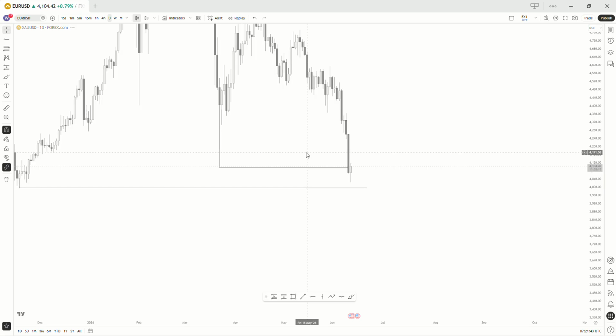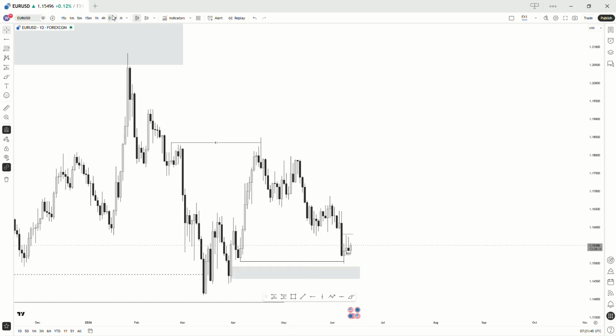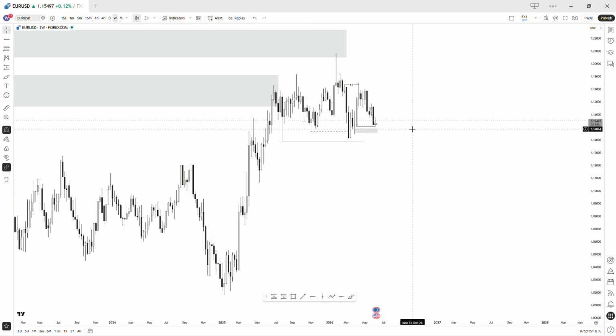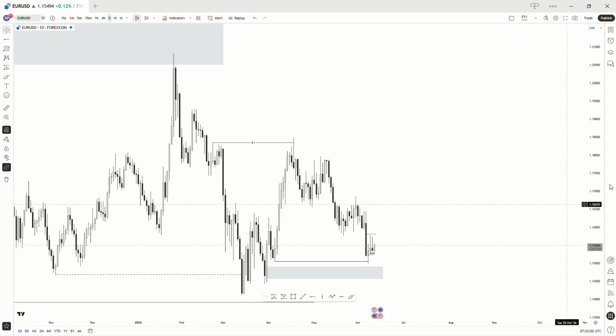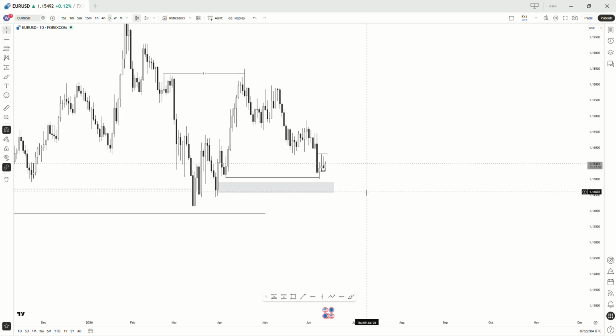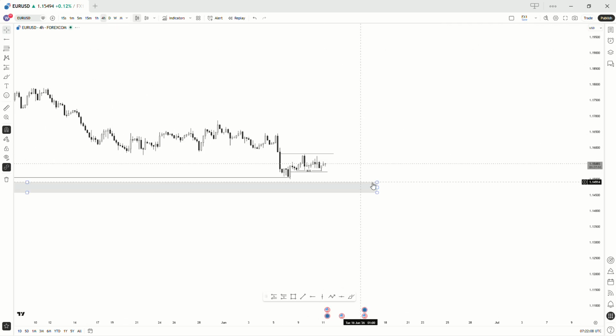So let's move on to Euro USD. On Euro USD, starting off with the weekly time frame, as you can see, we've stabbed out these lows, mitigated the zone, and we've gone up, inducing buyers. So on the daily, what we are seeing is this buy up to the upside.